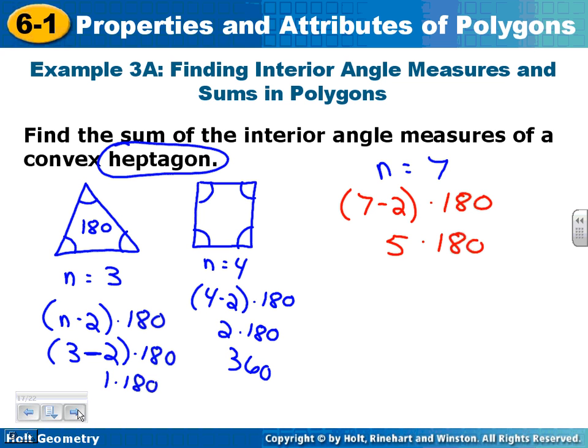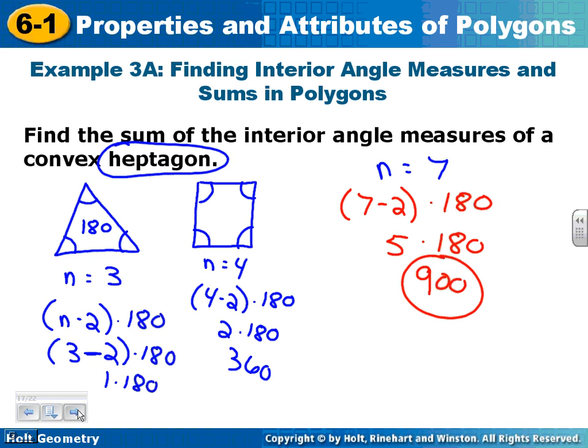That requires a calculator. 5 times 180 in your calculator would be 900. Which means if you have a heptagon, which is 7 sides, and you take all 7 angles and add them together, they would total 900.